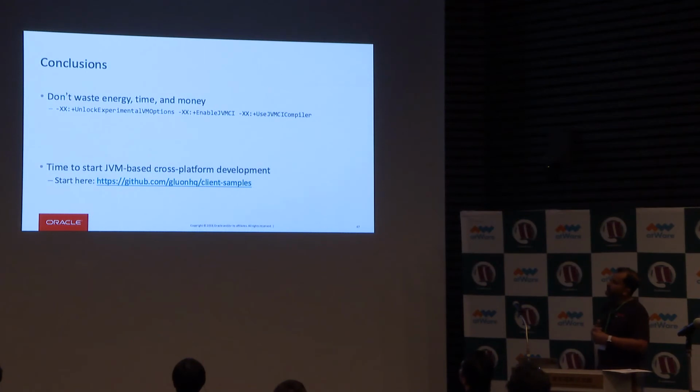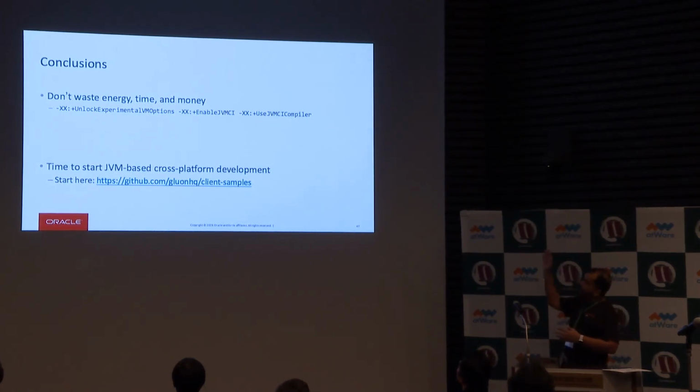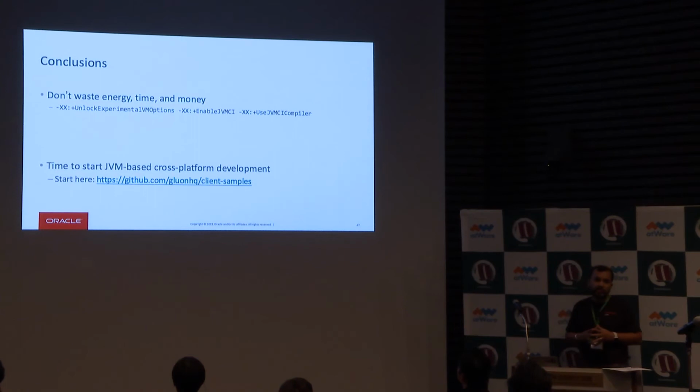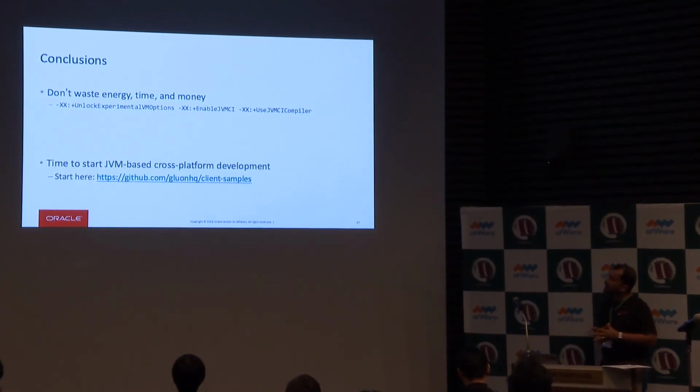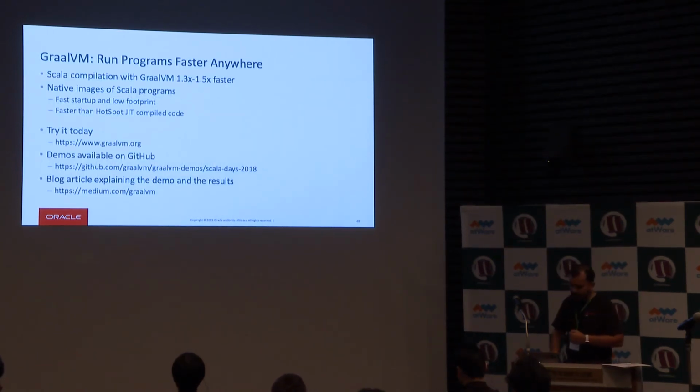So the conclusions are that, basically, looking at productivity, energy, and time spent and so forth, it's simple: point to your class path and set this up in terms of the JVM options, enabling JVMCI for GraalVM. So time to start looking at that and so forth, example line sample logins.